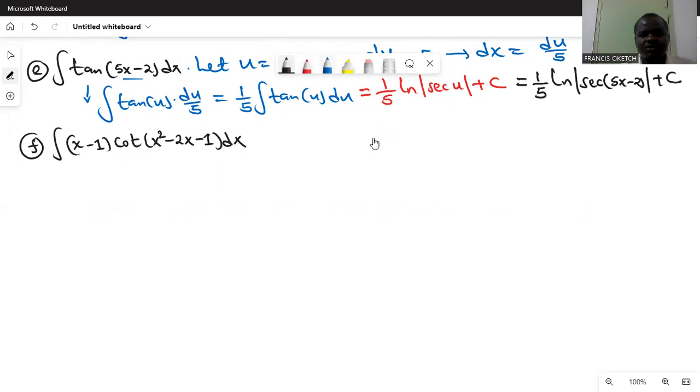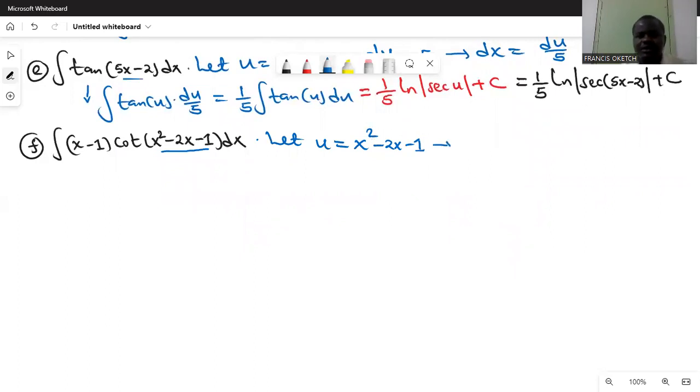Let that be equal to u. So this one here, that will be u. So let u be equal to x squared minus 2x minus 1. So we need to differentiate.